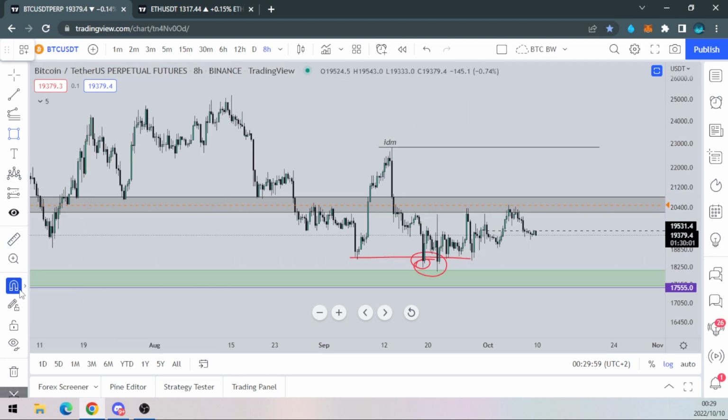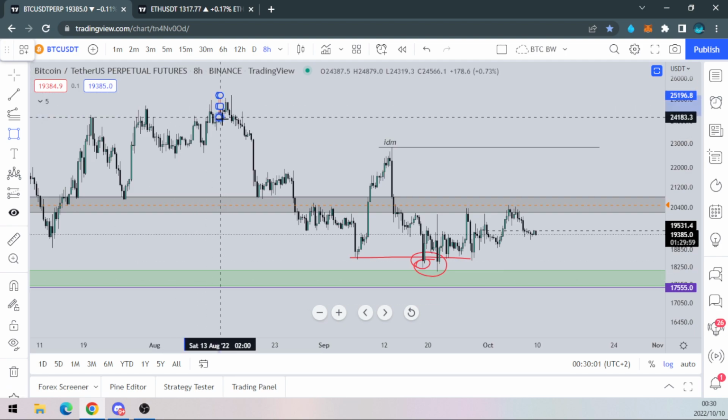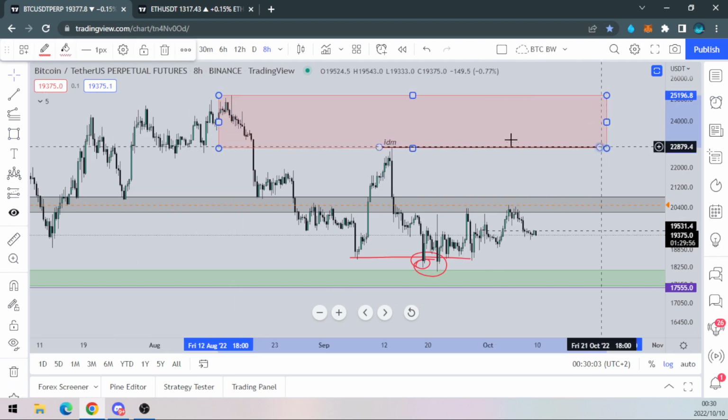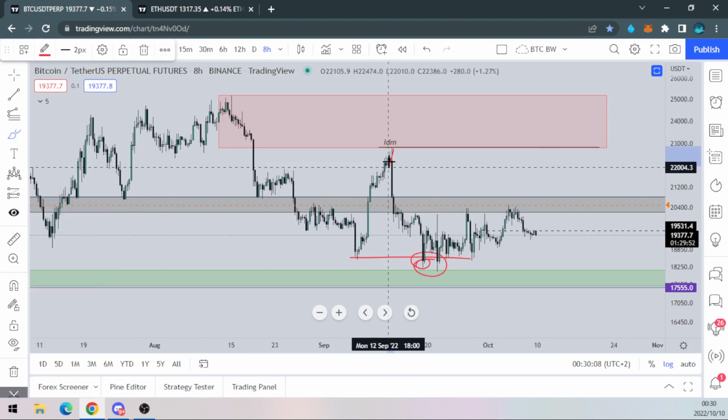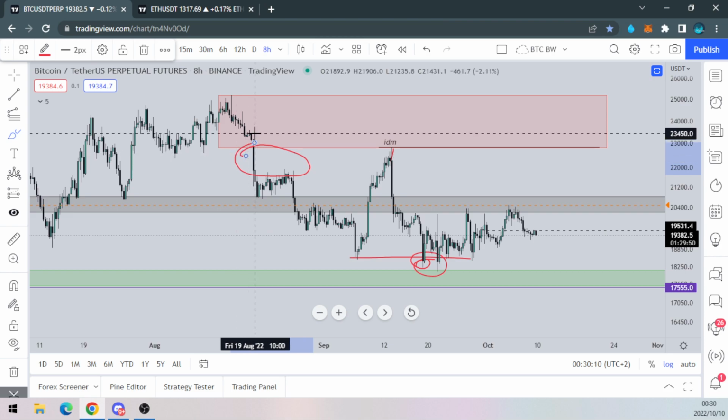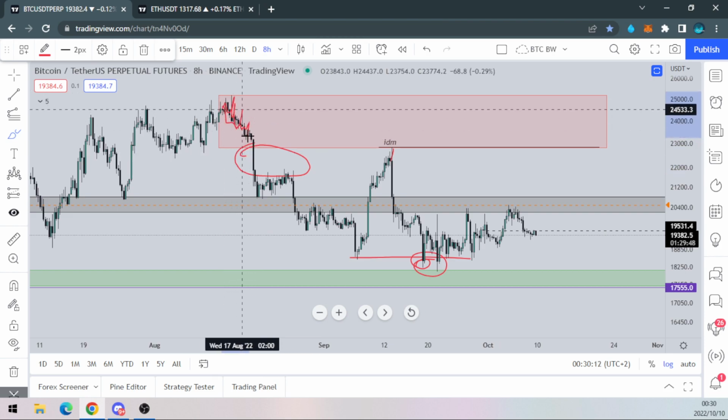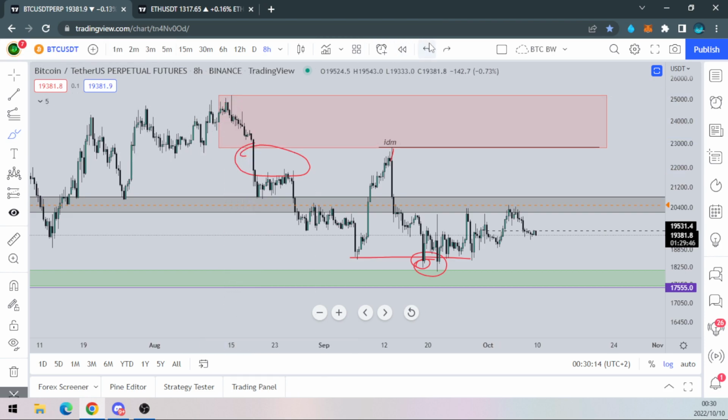So the expectancy is that price may not come back into this area here, because we've already had a pullback here that filled the void here, and this area here was all mitigated and balanced out, right?